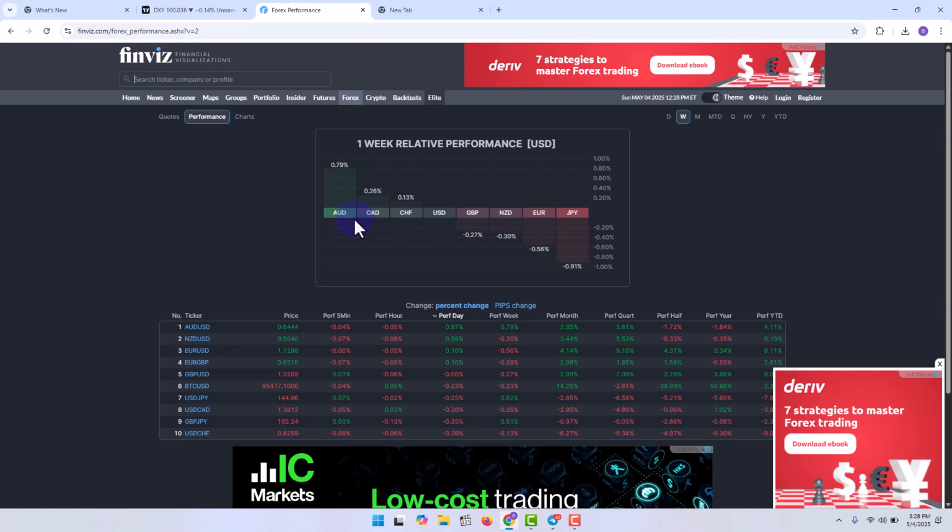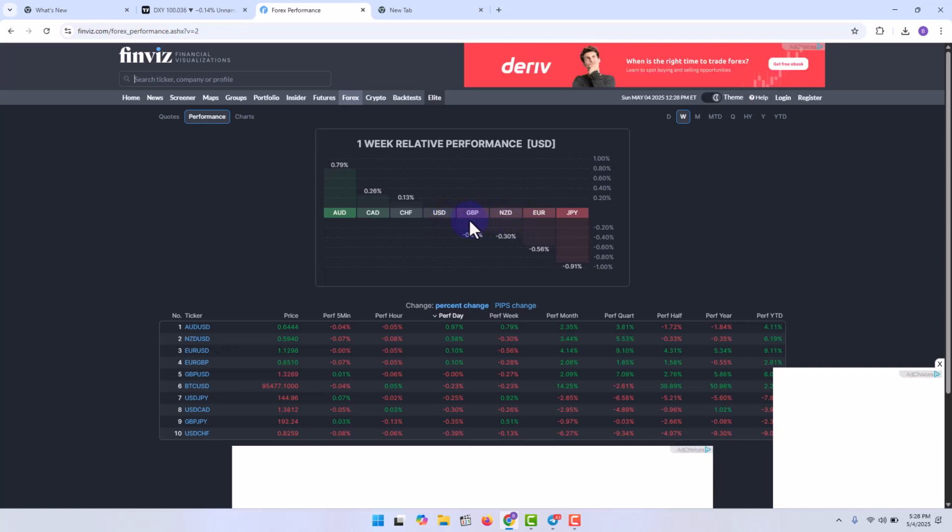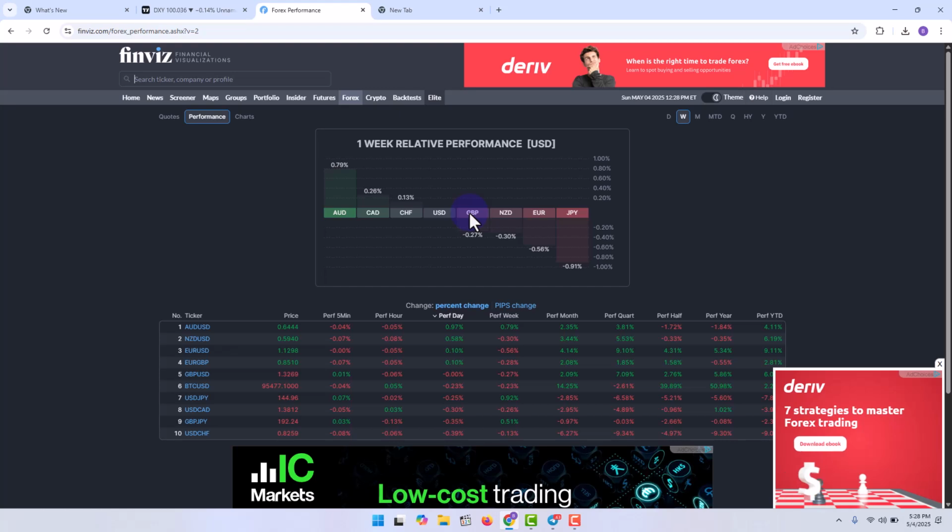So I'd rather trade AUD JPY, CAD JPY, or CHF JPY over USD JPY, over GBP USD, over NZD USD, because obviously they're showing almost the same weakness over these currencies, and the dollar also is not as strong as we want to see.